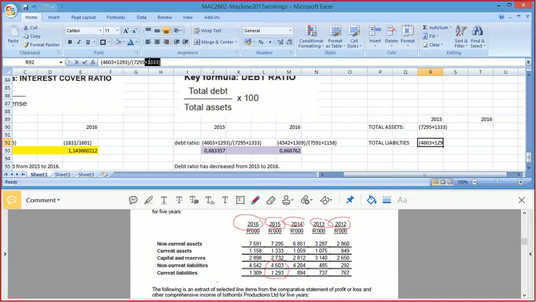My liabilities were that. Okay, and then in 2016, okay, 2016 assets were that, and liabilities were that.